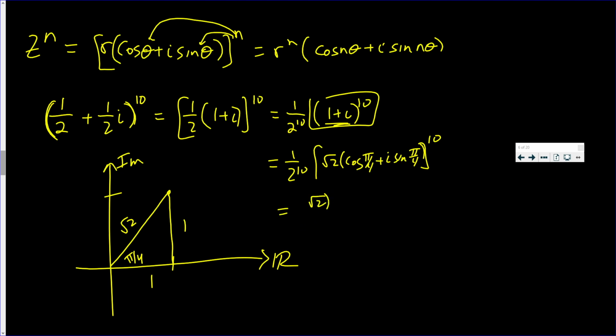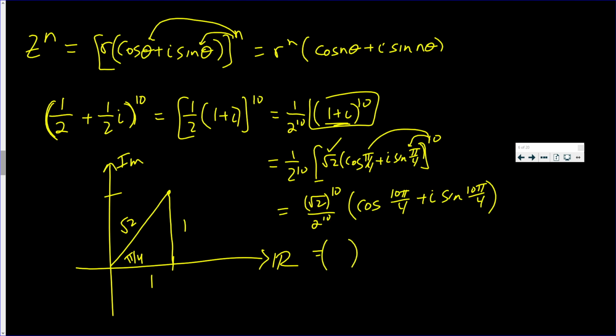So we have square root of 2 to the 10th power, and we have 2 to the 10th power. But now I can multiply the angles by 10. This is cosine of 10 pi over 4 plus I times the sine of 10 pi over 4.